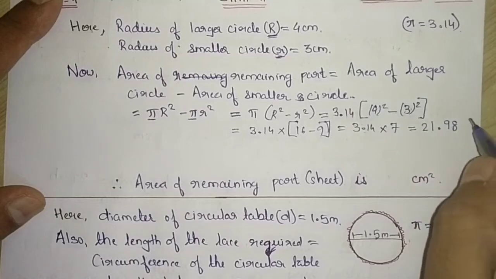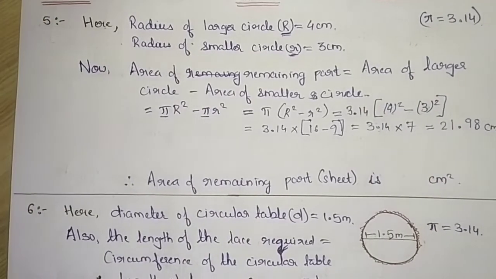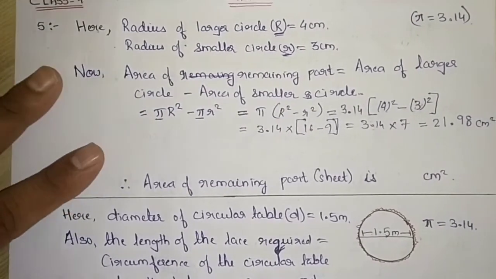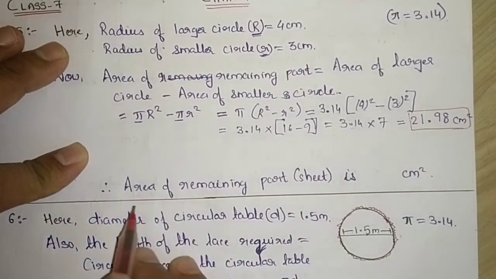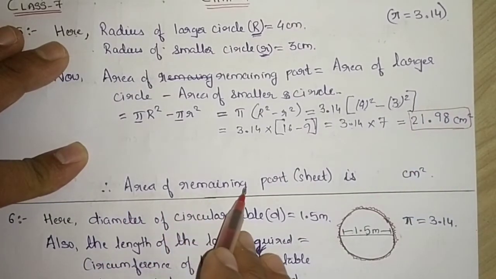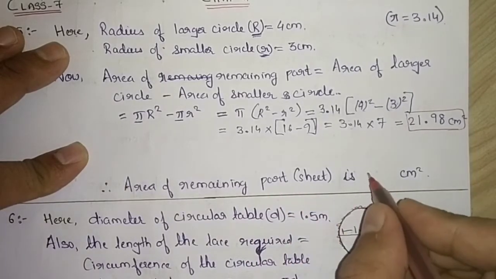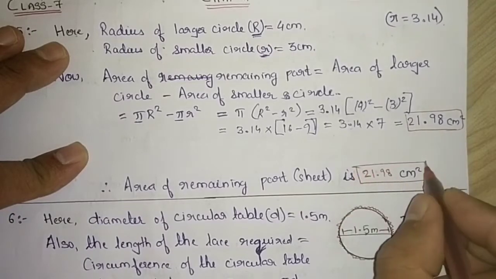Since it is centimeter, I will write centimeter square. This is the answer for the remaining area. And finally we will write, therefore the area of the remaining part of the sheet is 21.98 centimeter square.